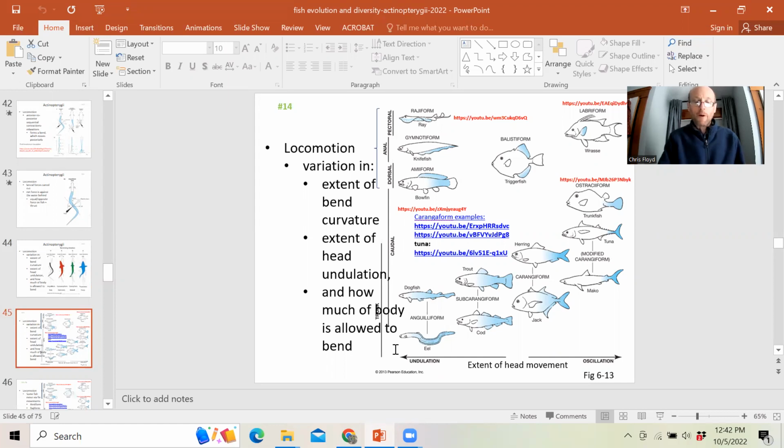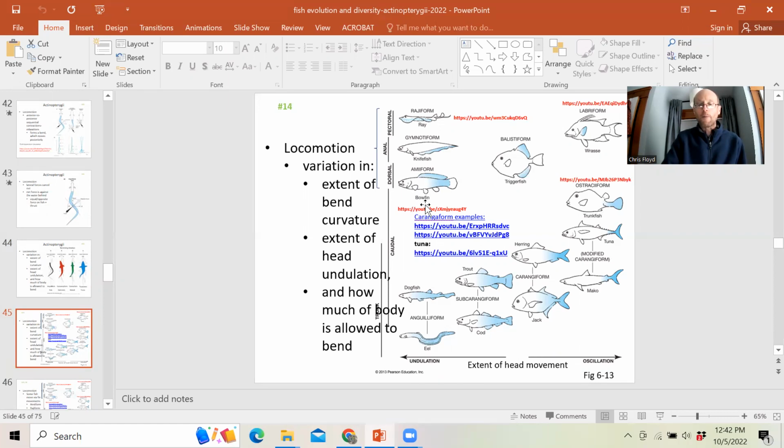On the Y axis is how much of the body is used for generating that wave. For example, these fish generate it in the trunk and the caudal region, whereas those at the top generate the wave in the very tip. Actually, it's not perfectly lined up in an XY graph, but this is the way they've organized it.